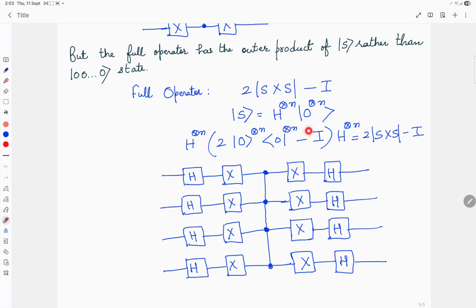If you solve this equation, you will find that it comes out to be the full diffusion operator. And this is how it works: this portion up to the X gates, where the dots in between represent the control Z gate, is the phase flip oracle, and the Hadamard gate on the left and the Hadamard gate on the right actually provide the diffusion operator, which is basically doing the amplitude amplification. Thank you very much.